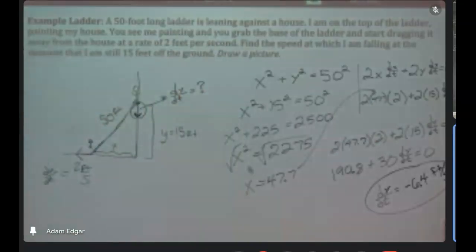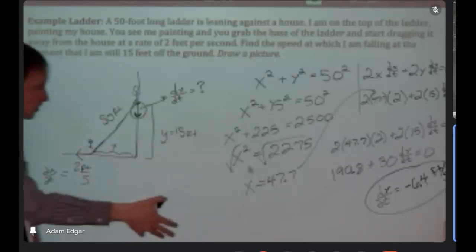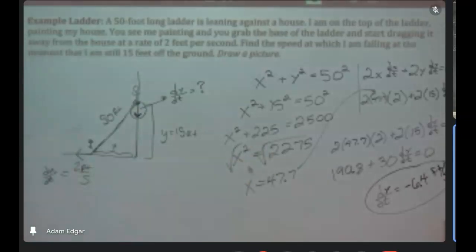So you can see if we did this a couple of times, how my speed changes as I fall, and you'll see that I get a lot faster by the time I hit the ground. We could probably do a limit with that, find out exactly, but let's not.